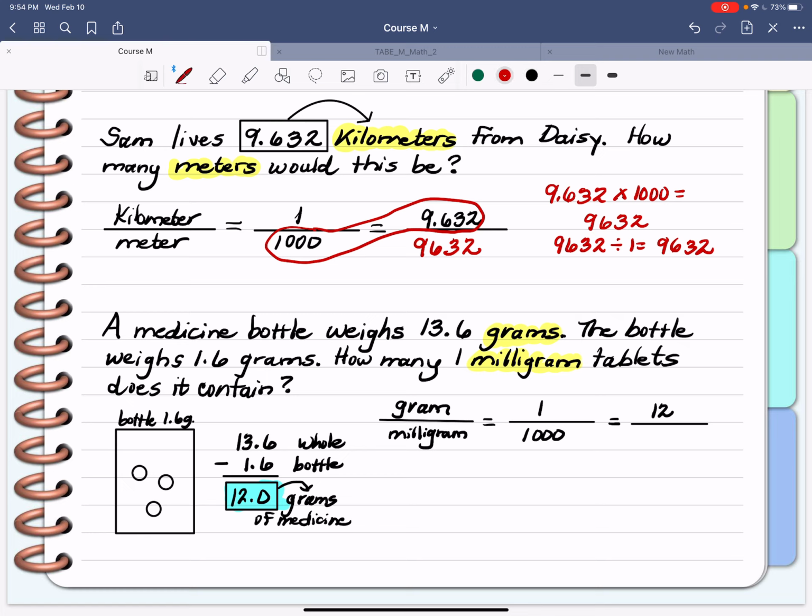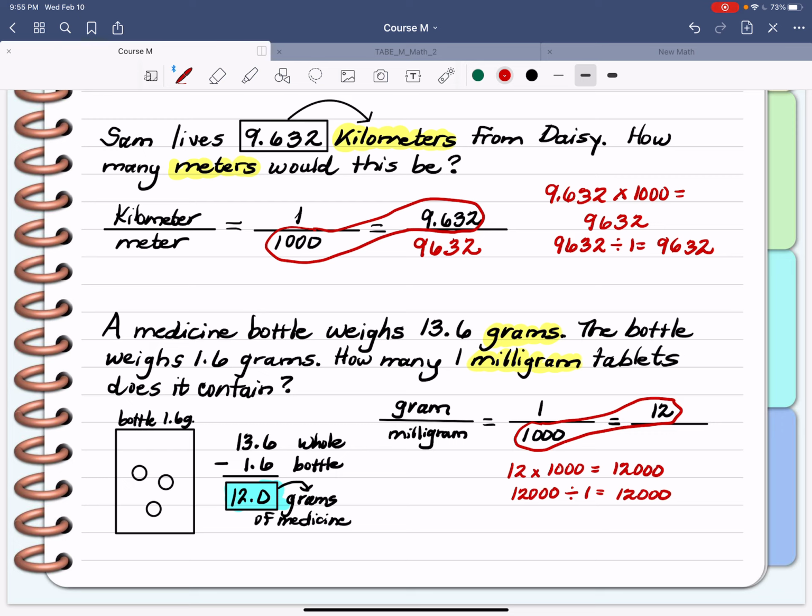So then I do the math. I'm going to say 12 times 1,000 is 12,000. And you can tell I made this problem up. 12,000 divided by 1 is 12,000.